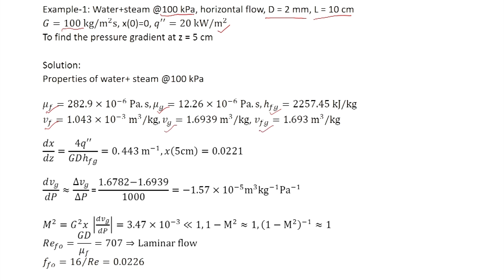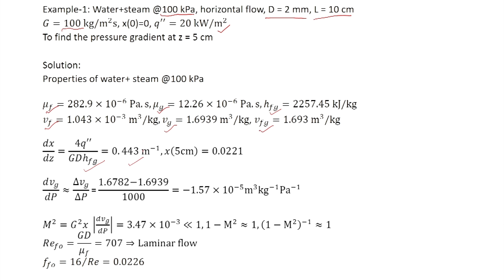Now, we will do a simple energy balance, and from that we can calculate the rate of change of quality with distance. So, dx by dz is equal to 4 q double prime upon G d HFG, which is equal to 0.443 per meter.